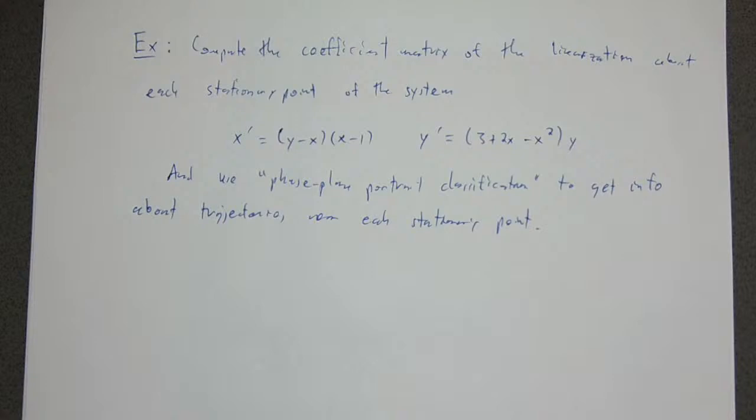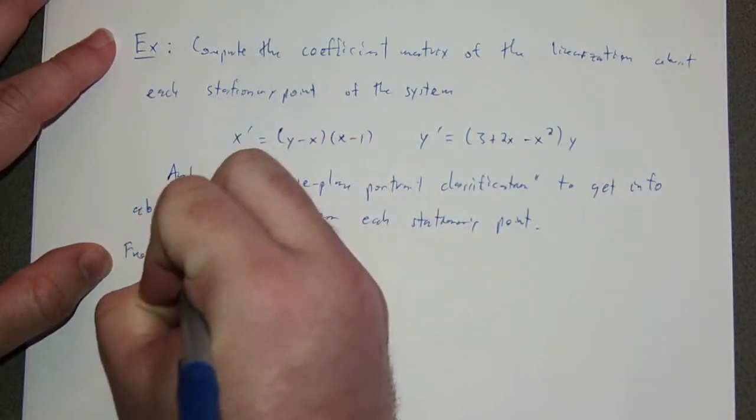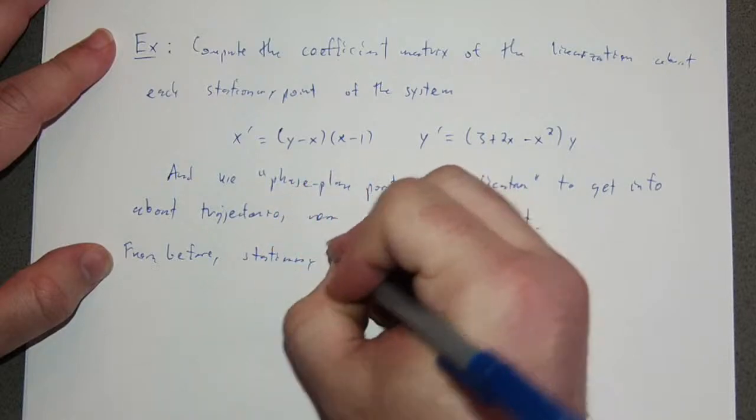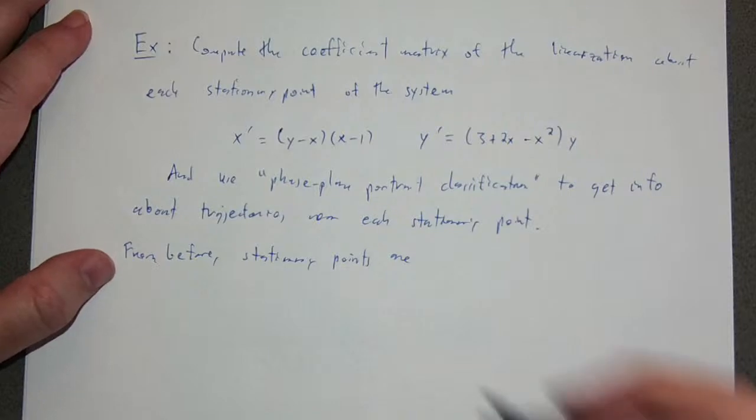We would use numerical methods to give us an approximate solution. We could generate a complete plot numerically. But as far as analytically solving this, we're not going to be able to do it. Okay, that's fine. We have previously found stationary points, so from before, stationary points of this system are -1, -1.